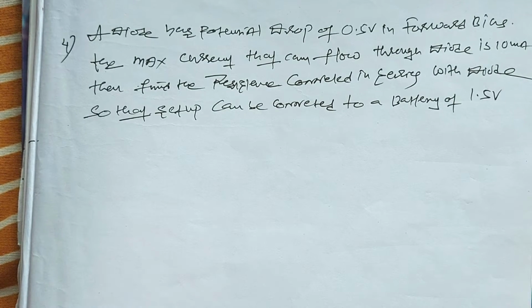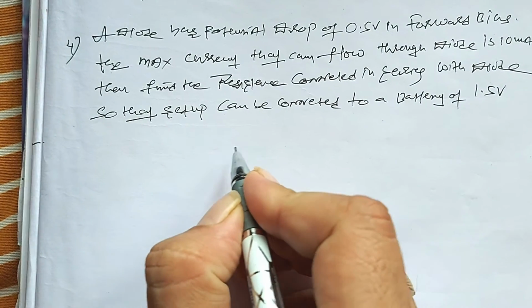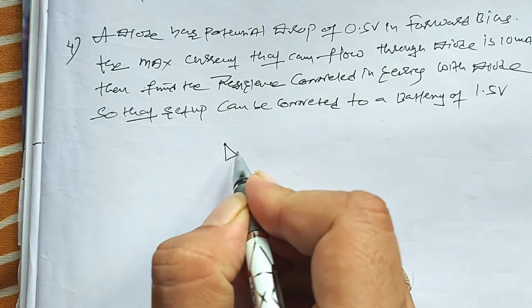So this diode is connected in forward bias. This is a diode.